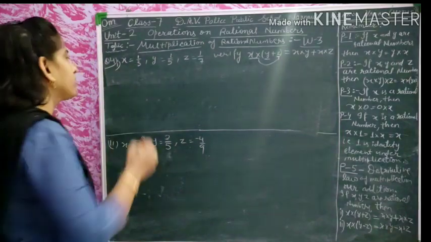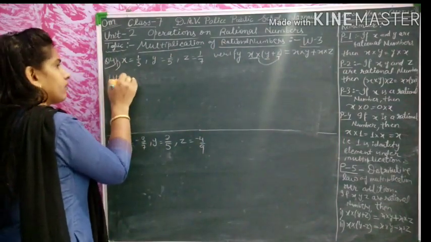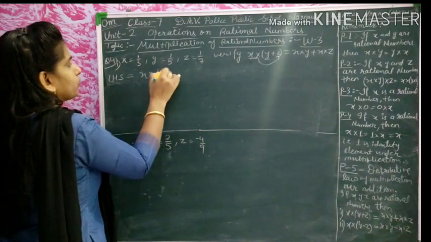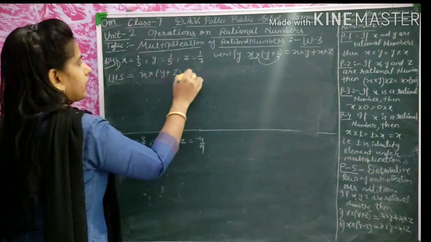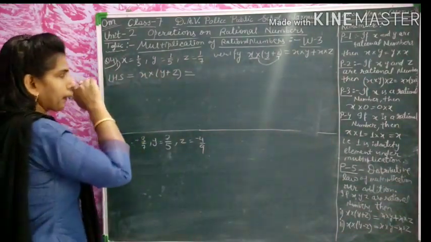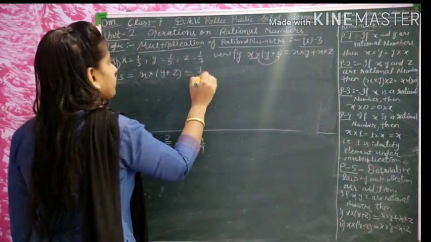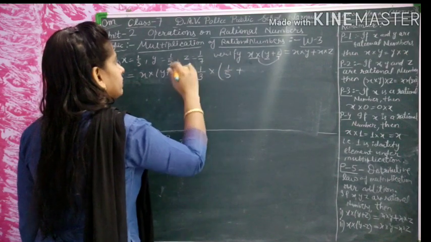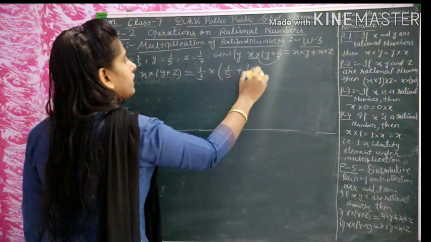Now we are solving here. Again we are verifying. LHS is equal to x into y plus z, and that equals 1 by 3 into, what is the y here, 1 by 5 plus what is the z, 1 by 7.